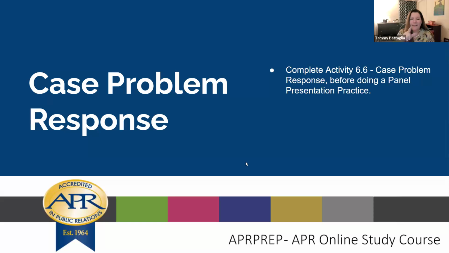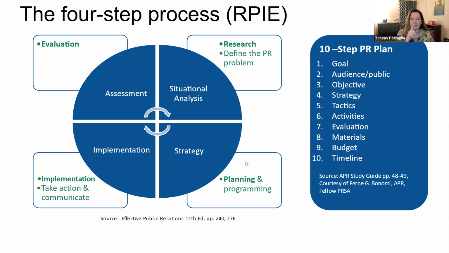Okay, I'd like to go back to the RPI part. One thing that really helped me in learning the PR process, which I had no clue about before I started the APR process, was measurable objectives, having something to evaluate at the end of a campaign.